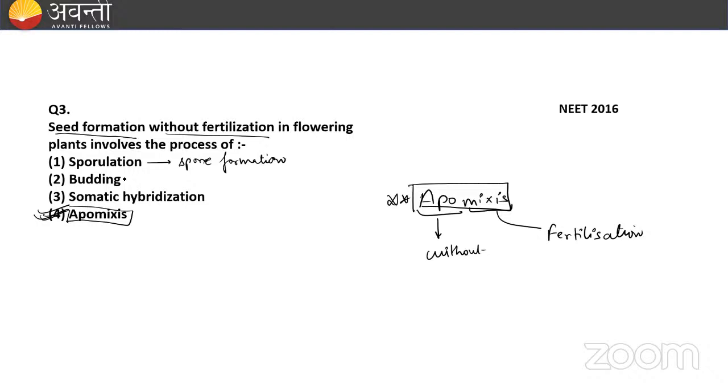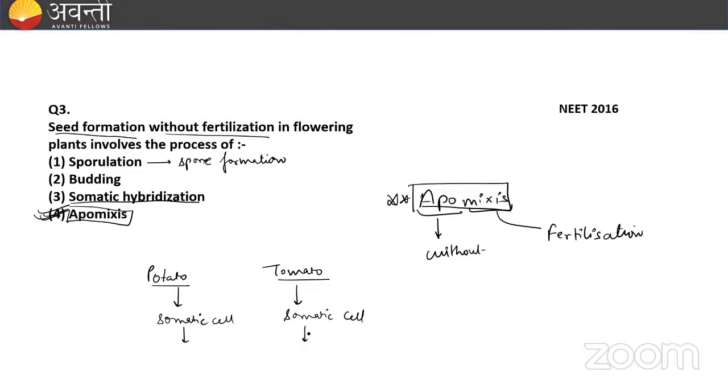Option 3 says somatic hybridization. Now, let me explain this term, somatic hybridization. Let's say there are two plants, potato and tomato. In somatic hybridization, generally the somatic cells are taken, especially their protoplast. Somatic cell from potato is taken and a somatic cell from tomato is taken. Now we know that plant cells have a cell wall, right?